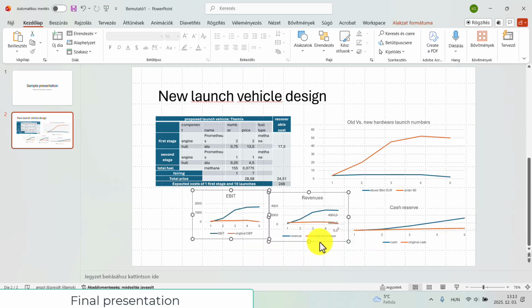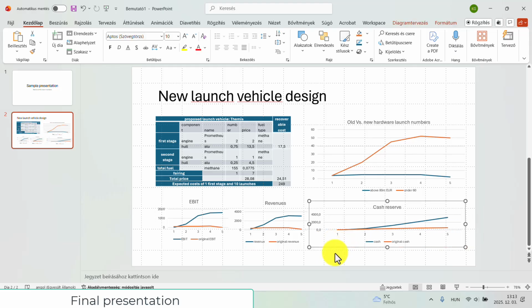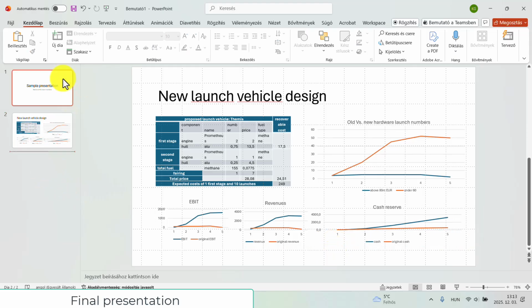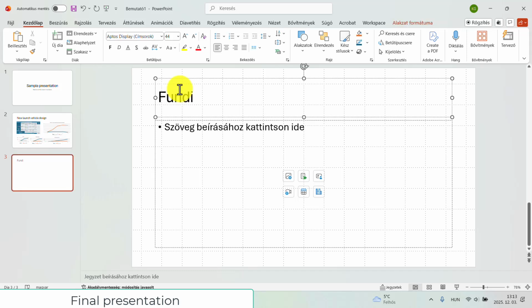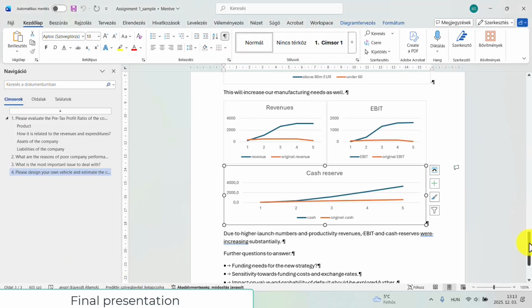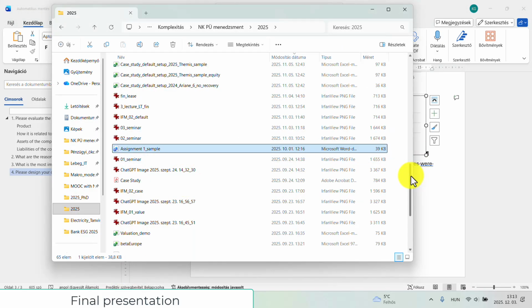So instead of a poor donkey which is bleeding money, now we have a cash cow. Then we have funding. Funding decisions, so this will come not from here, but from the second assignment.